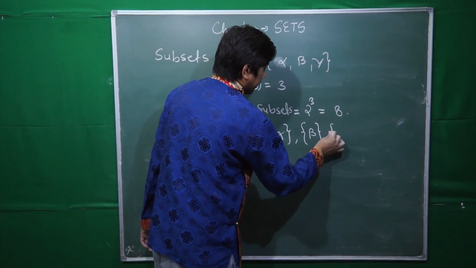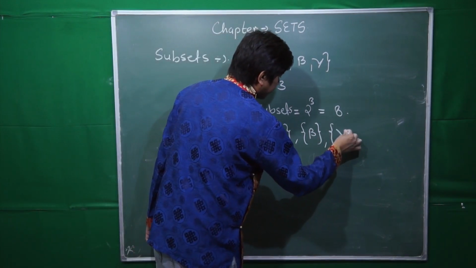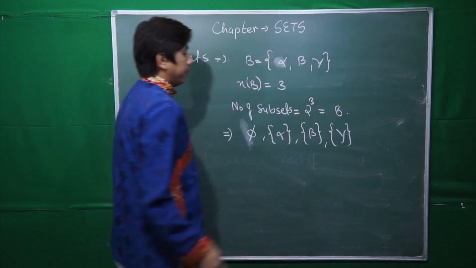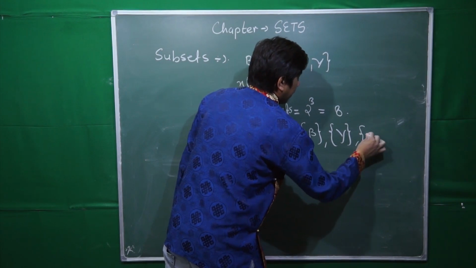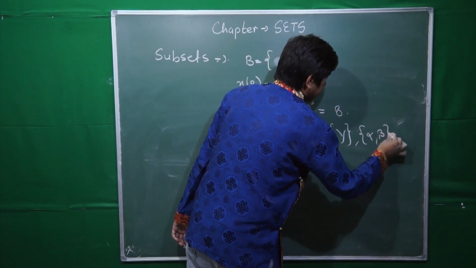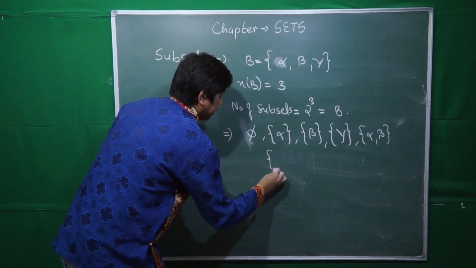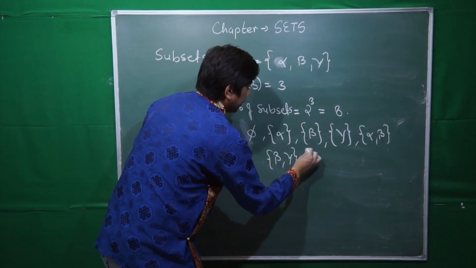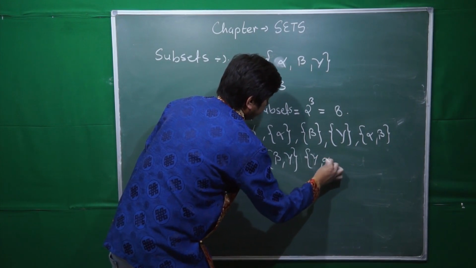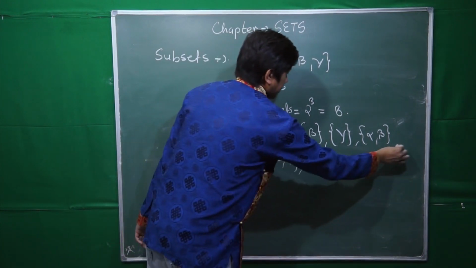And then the fourth subset, gamma. All right. What more can be formed? Alpha, beta together in a single set. Beta, gamma together in a set. And then gamma, alpha in another set.